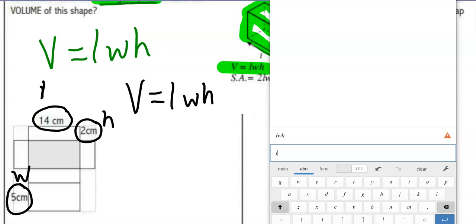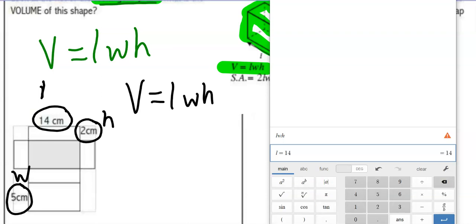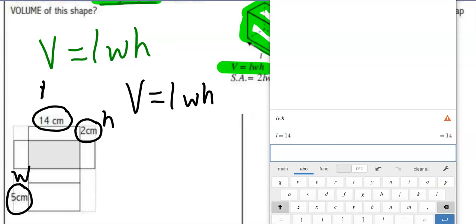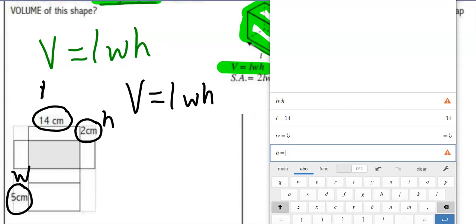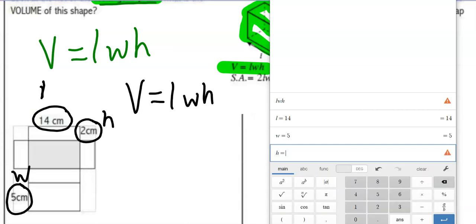So I know that L is equal to 14, W is equal to 5, and finally, H is equal to 2. And then you notice it gives us the answer of 140. So you can do it that way, or you may just want to put the numbers into your calculator, 14 times 5 times 2. This is not a very difficult problem to do.